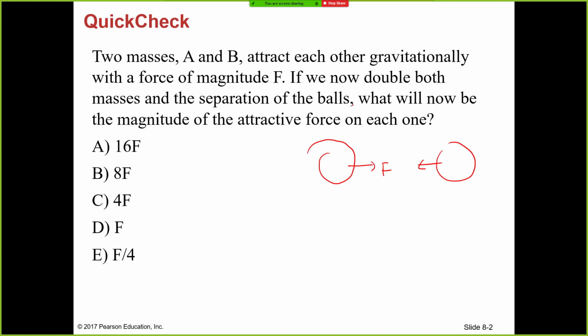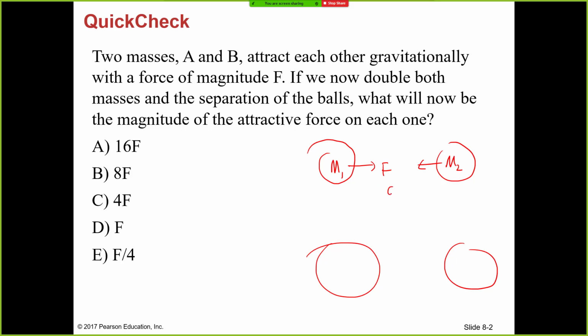So if we double both the masses, okay, so let's say we have M1 and M2. Now we double the masses, and then we also double the separation.